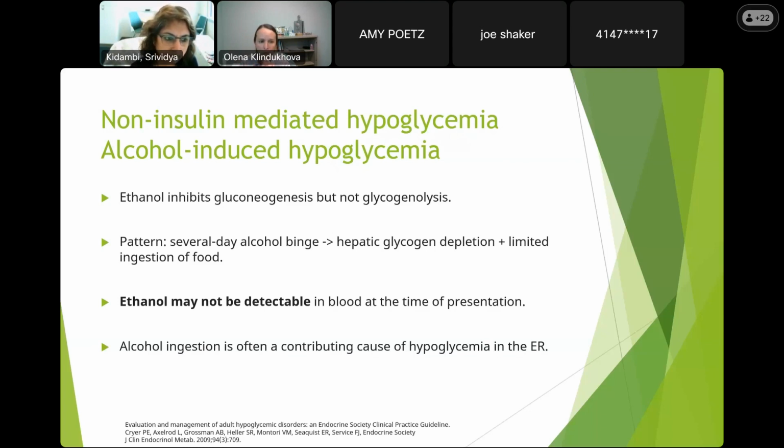A lot of the patients present with this kind of hypoglycemia, and by the time they're in the emergency room, their alcohol level may be undetectable. That's something to put on the differential diagnosis if we're seeing that hypoglycemia in the emergency room.